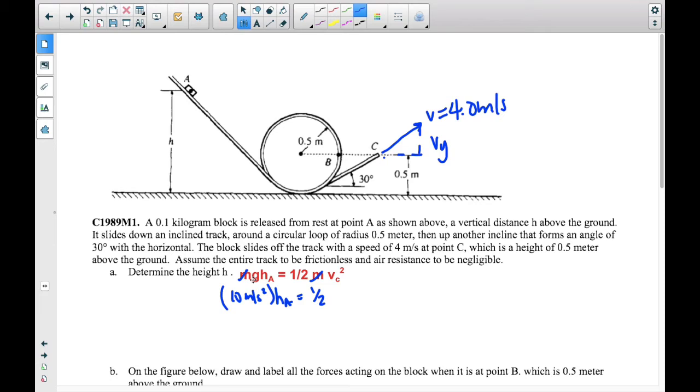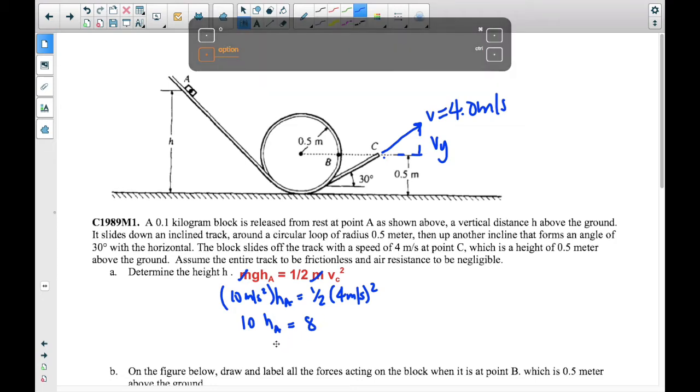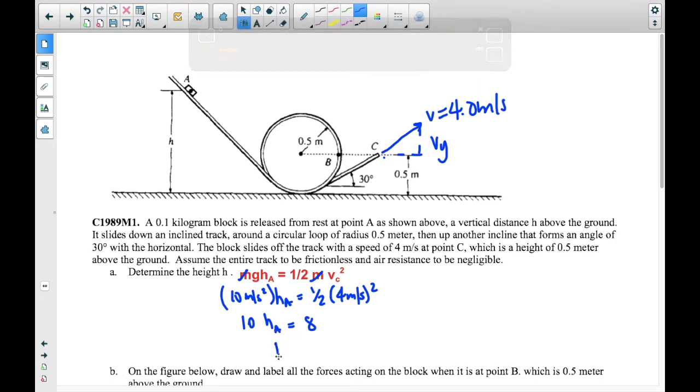But I'm going to use the velocity at c because that's the only thing that I know right now. So I'm going to go ahead and square that. So on the left, I have 10 times h sub a, and on the right, I have 4 squared is 16, and half of that is 8. So if I divide by 10, I get that h sub a is 0.8 meters.